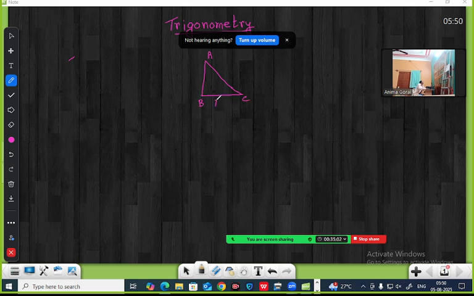The BC is the base and AC is the hypotenuse, and AB is perpendicular.